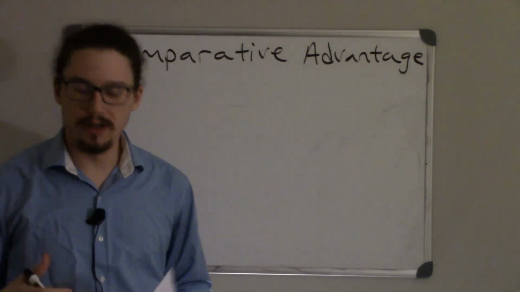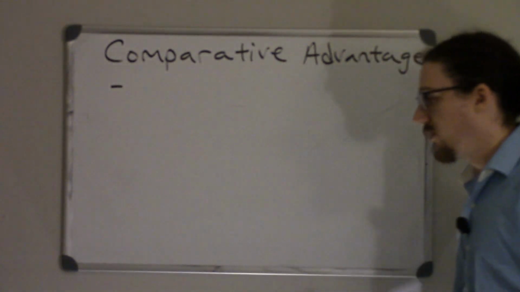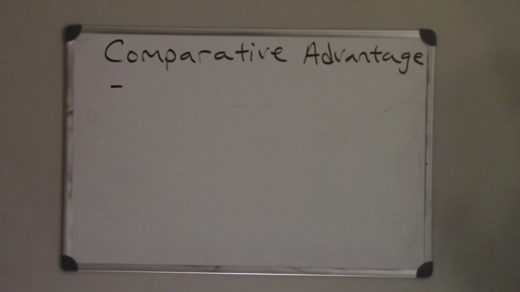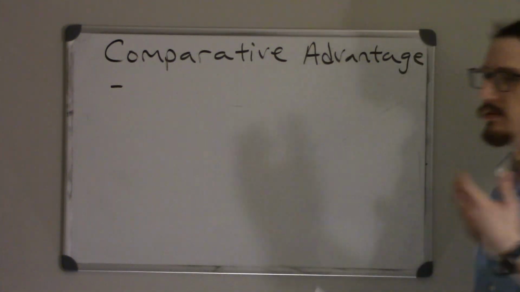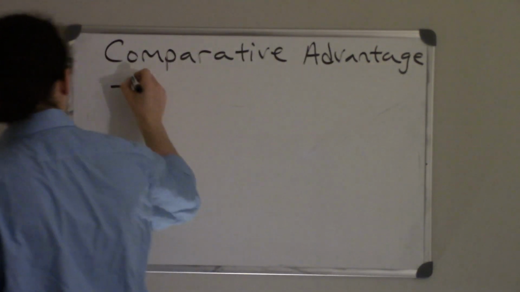All right, so this is the real criteria, not the absolute advantage, but the comparative advantage is the criteria for who is going to produce what good.